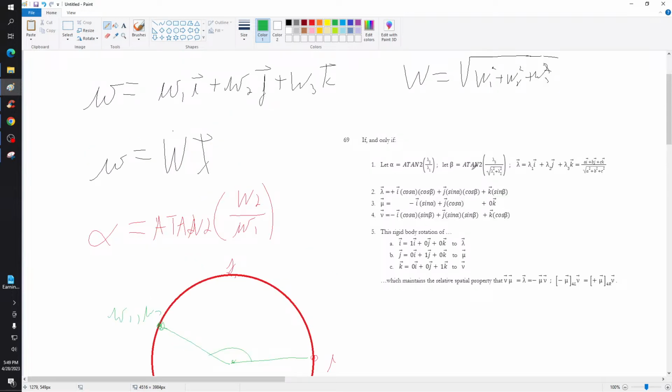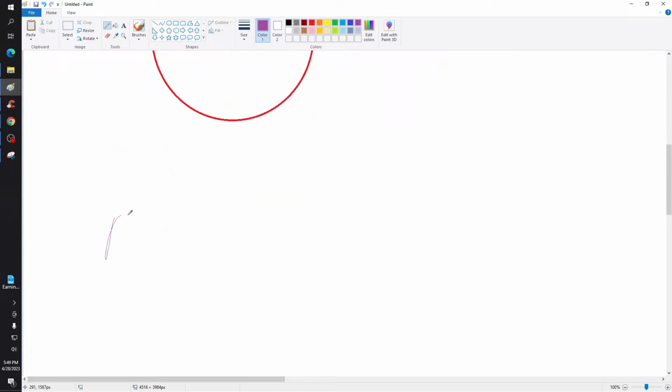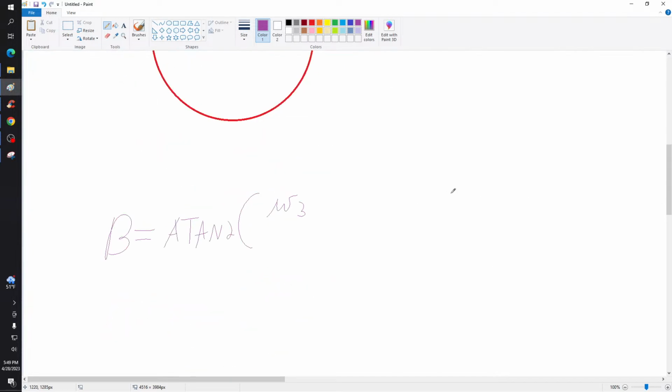Then we take another arctangent function. We'll say beta. Beta is equal to, again, atan2 of w3, which is the k component of W, over the positive square root only of w1 squared plus w2 squared.